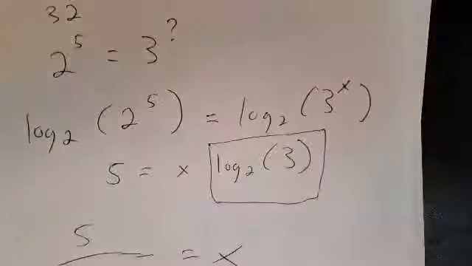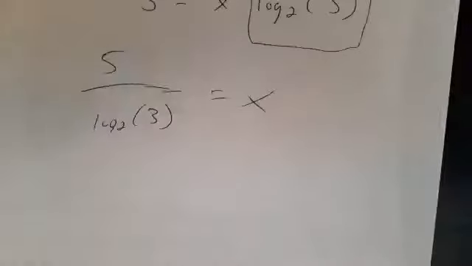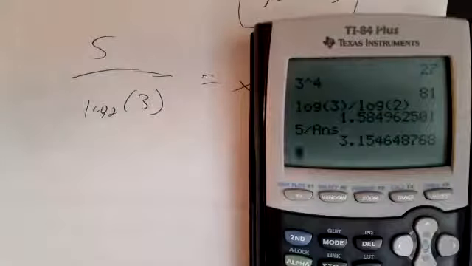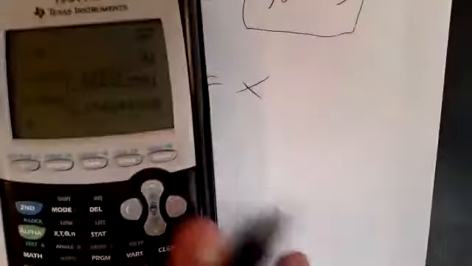So this is going to be 3 and some change. So let's do it right quick. Log 3 divided by log 2 gives me that number, and then I take 5 and divide it by that. So this should be giving me like 3.15468. Almost pi.